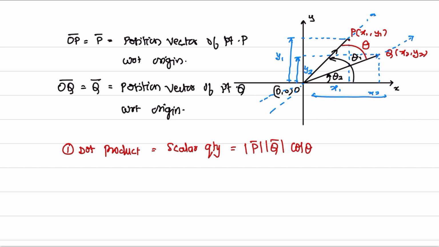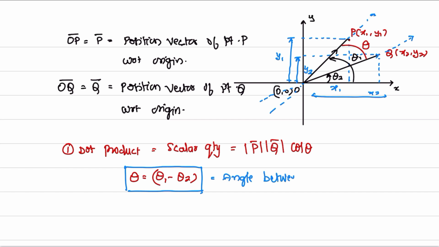This angle between OP and OQ can be theta equal to theta 1 minus theta 2. Theta 1 is the angle for OP, and theta 2 is the angle for OQ, so theta is theta 1 minus theta 2, the angle between the two vectors.